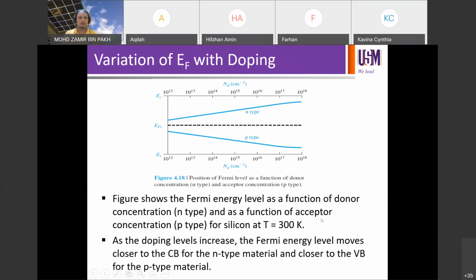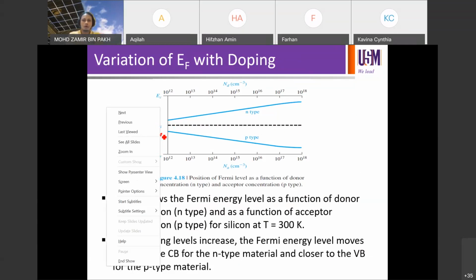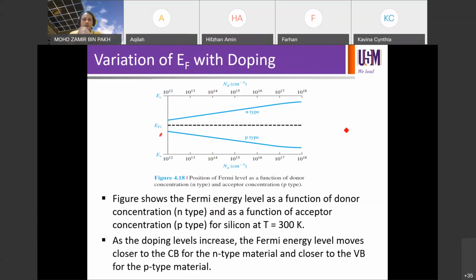All right, variation of EF with doping. We have discussed this one briefly in the last few sessions, right? So just imagine if you have an intrinsic silicon on the left of the spectrum. So you start off somewhere here on the left, where your, so what's the carrier density for your intrinsic?